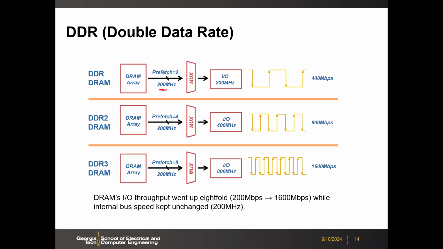This is different from the I/O's clock frequency. This is the internal clock, and then you have the I/O clock. The I/O clock is going to burst this data out to the memory channel, right, through those pins.